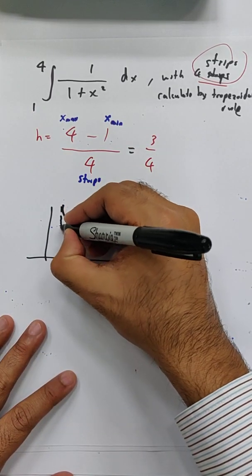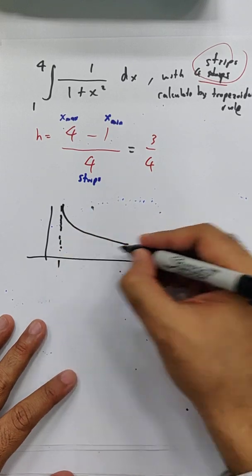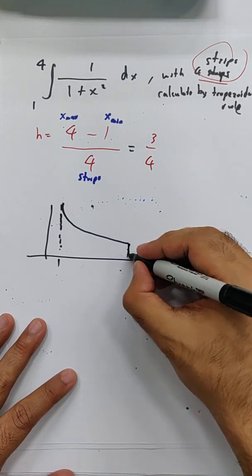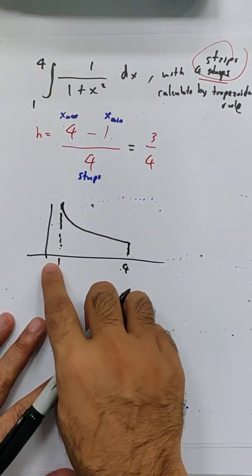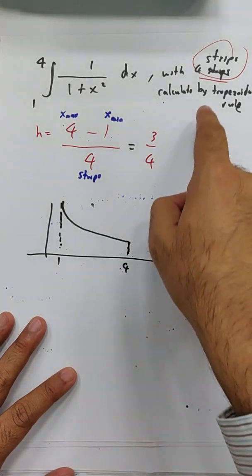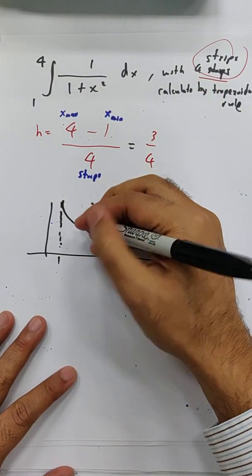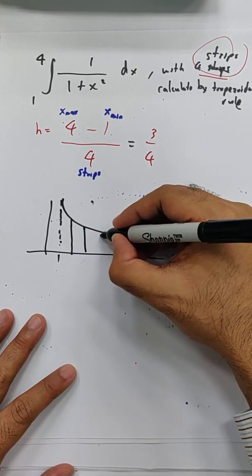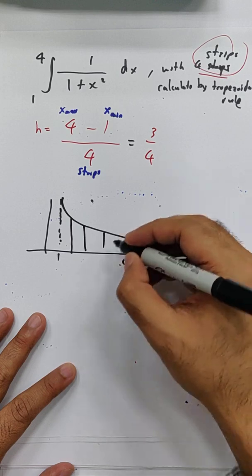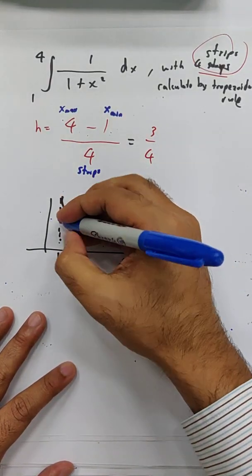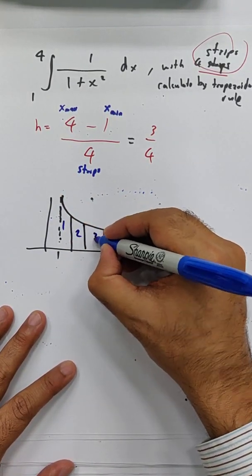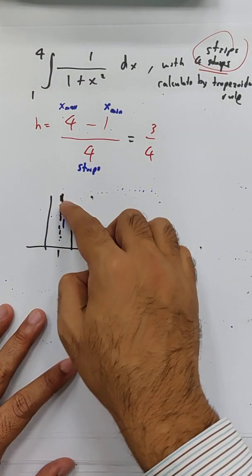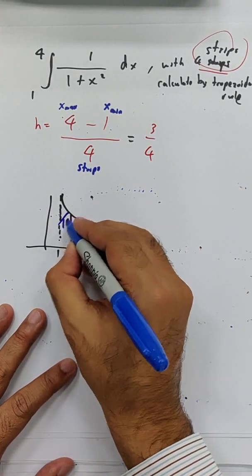We start here with 1, and here might be 4, min and max, 1 and 4. And how many strips do we have? 4 strips. Okay, not the correct drawing. So 1 strip, 2 strips, 3 strips, and 4 strips. This is what we call strips, this whole thing here.